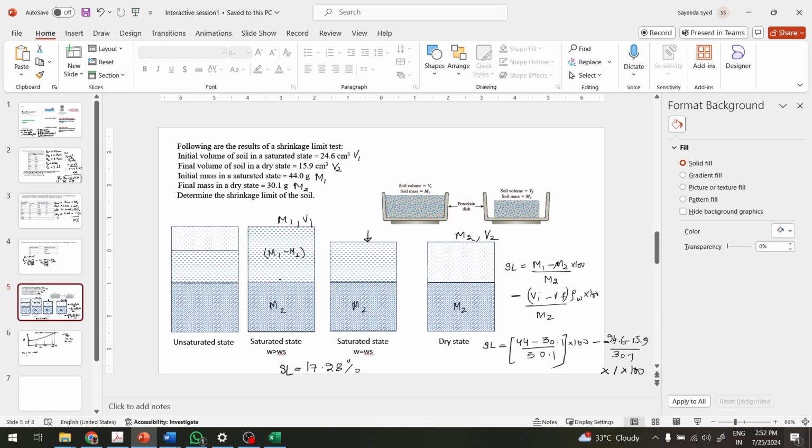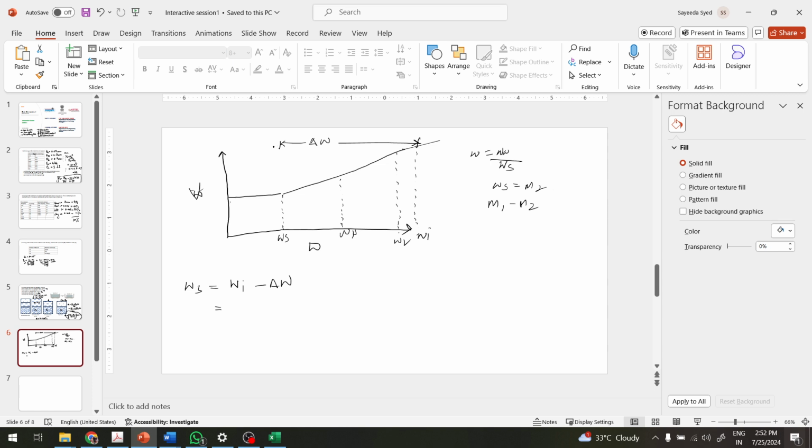So the water content here is Wi equals M1 minus M2 over M2 into 100. So this is the water content here. This is the first term in this equation, and the second term is delta W.